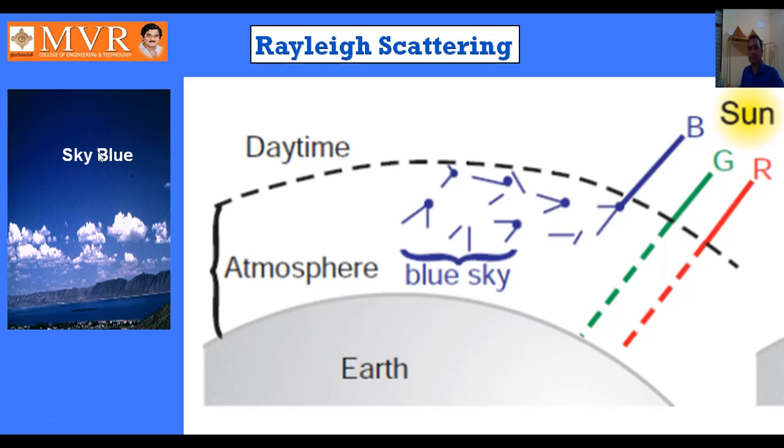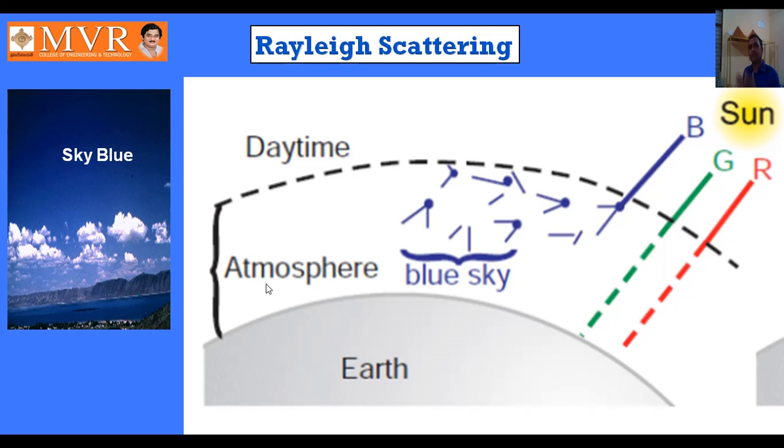This is the upper layer of the earth's surface. Why does the sky appear blue? According to Rayleigh theory, scattered intensity is inversely proportional to lambda to the fourth power. So when lambda is low, I is high.